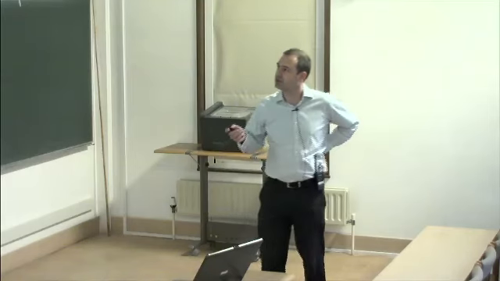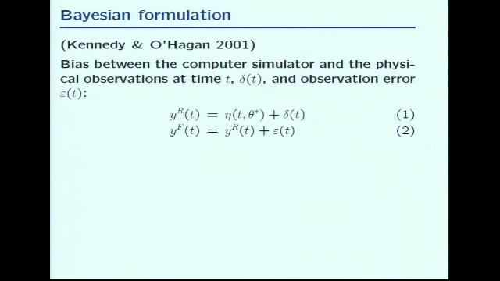And the time points are different, as I said, but the technology accommodates that variation. And the Bayesian formulation of that problem, which is from the seminal papers by Kennedy and O'Hagan in JRSSB in 2001. So there's a bias between the computer simulator and the physical observations, delta t.